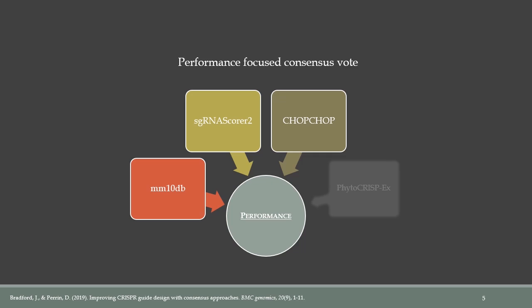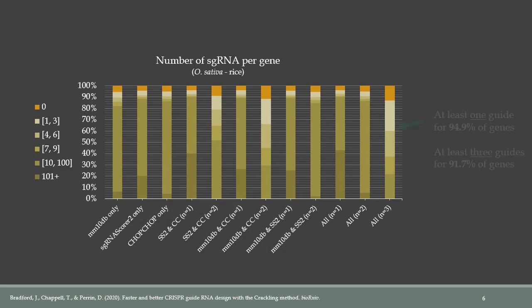But we took this performance-focused consensus vote and re-implemented them into our own pipeline named Crackling. Using this approach and our really fast off-target scoring, which I'll talk about in a moment, we found that Crackling could design at least one guide for 95% of rice genes and at least 3 guides for about 92% of rice genes.